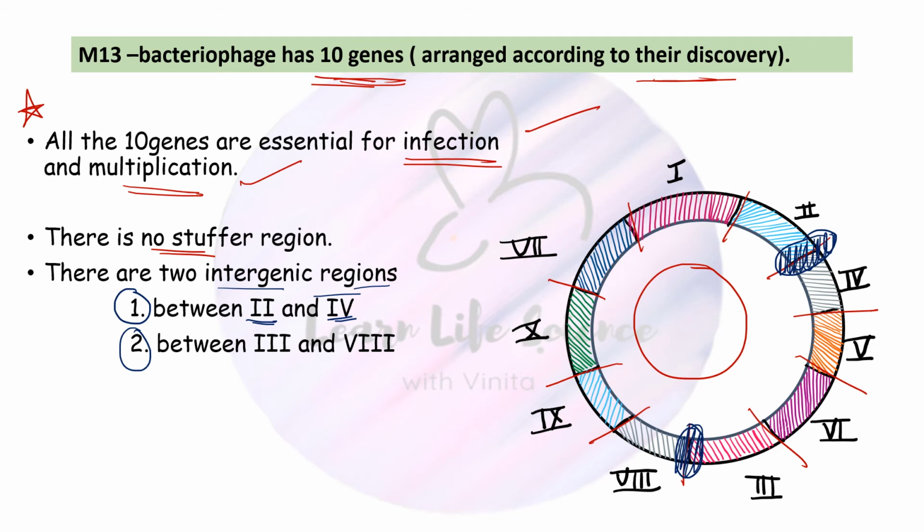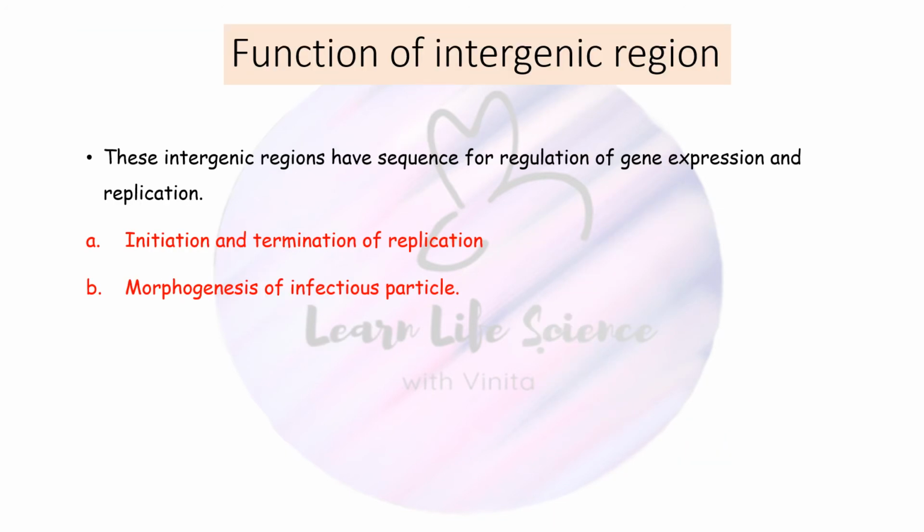Talking about the function of intergenic regions. These intergenic regions have a very vital role in the regulation of gene expression as well as replication. These two intergenic regions simply function in regulating the expression of the 10 genes as well as replication of the viral material, means replication of the M13 bacteriophage.